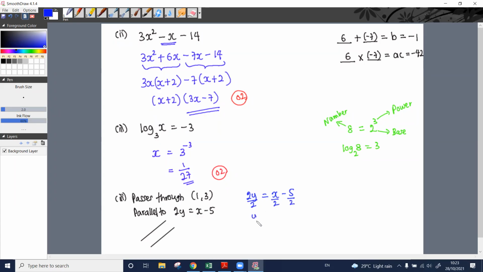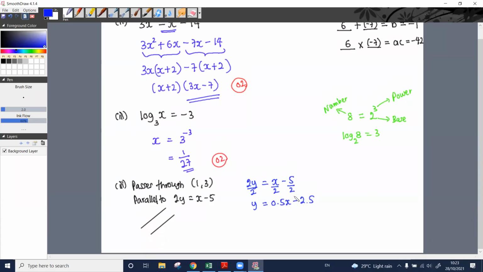Then y equals 0.5x minus 2.5. So what is the slope value here?